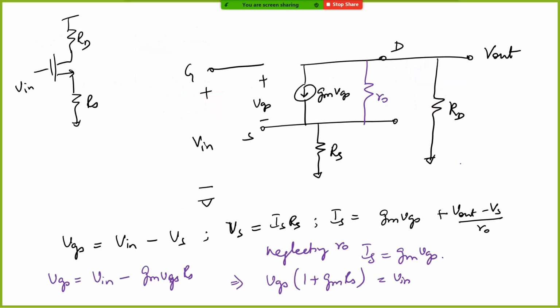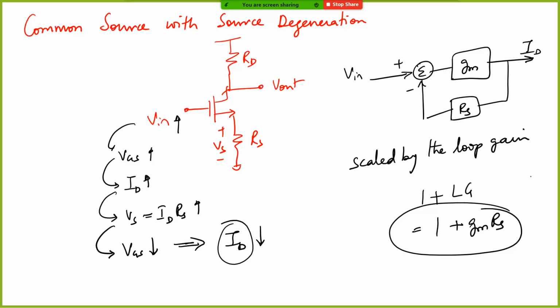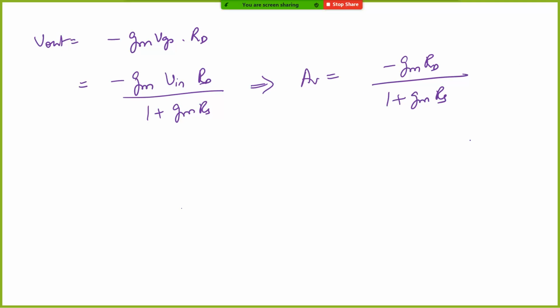This negative feedback system is basically about the effect on the current, only the current we are looking at. Minus Gm Rd is the common source without source degeneration, correct? So that is scaled by a factor of 1 plus Gm Rs.